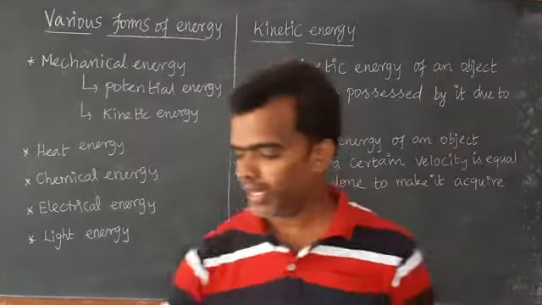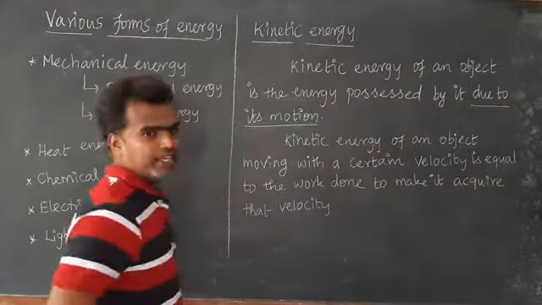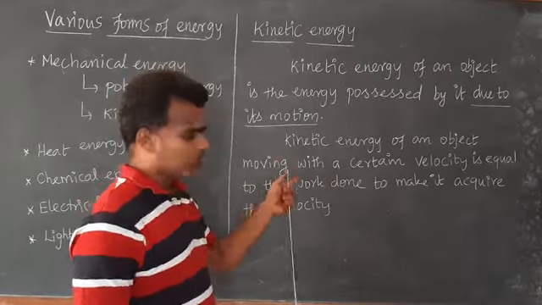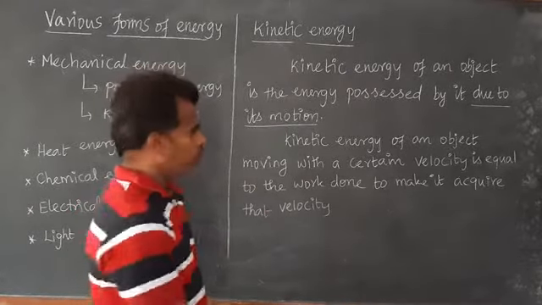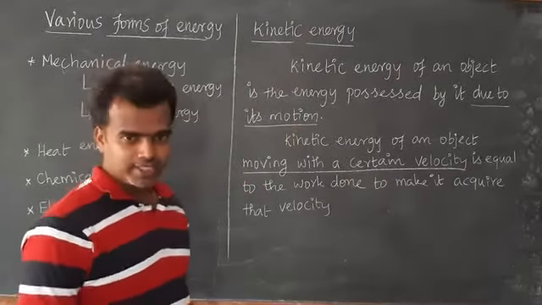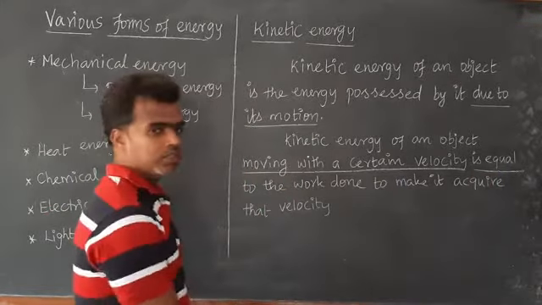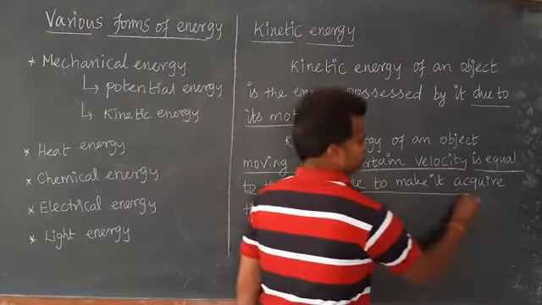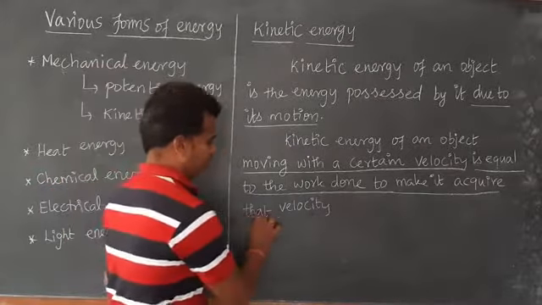So whenever you are moving, due to its motion the energy possessed is called kinetic energy. And one more way we can define kinetic energy. The kinetic energy of an object moving with a certain velocity is equal to the work done to make it acquire that velocity.